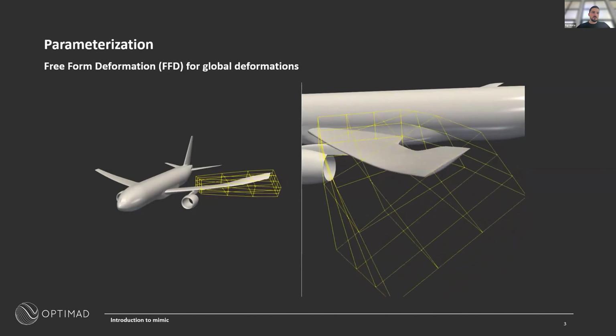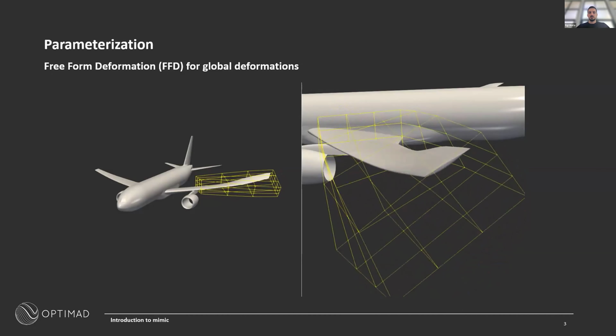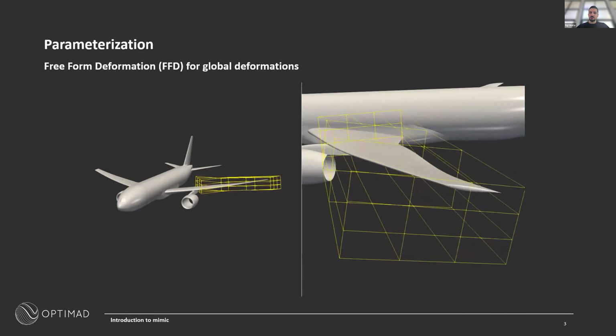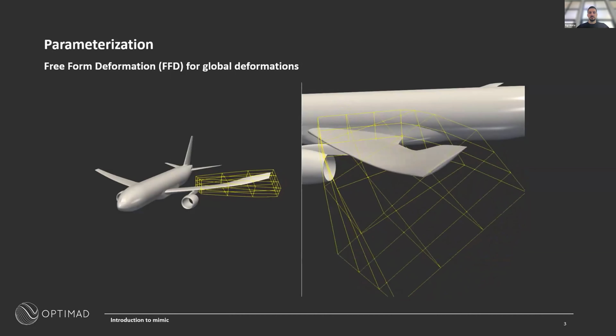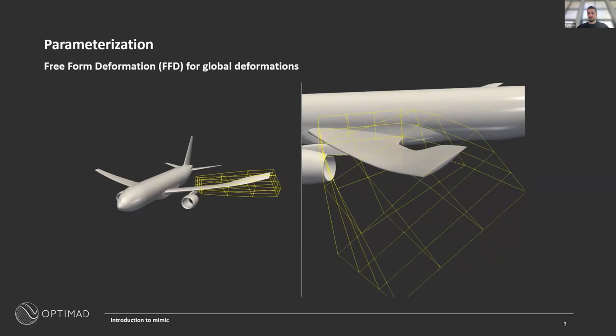And this is a freeform deformation that Mimic does. Let's say that we have imported a plane using one of our blocks, and we use CEETRON and Vision to display this plane.